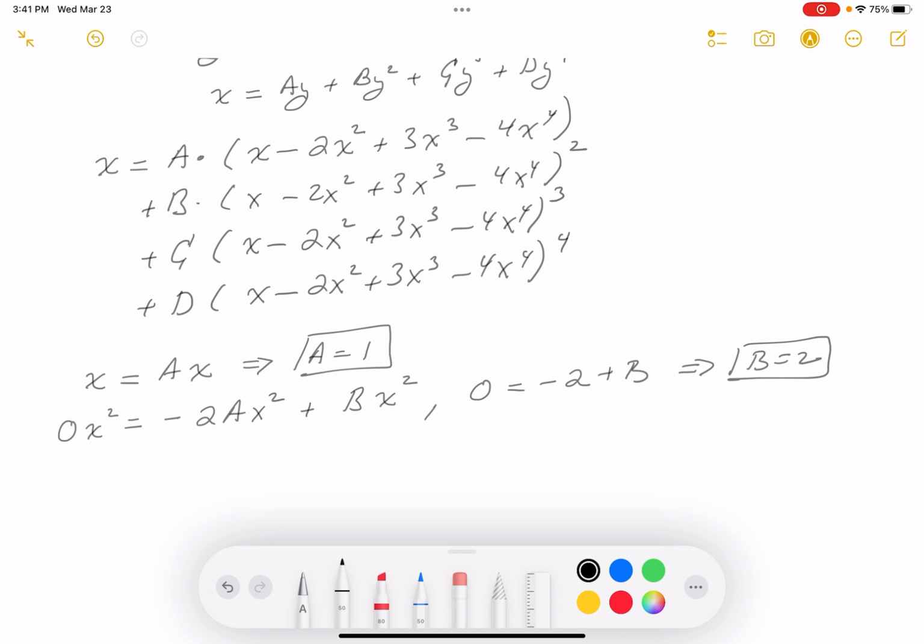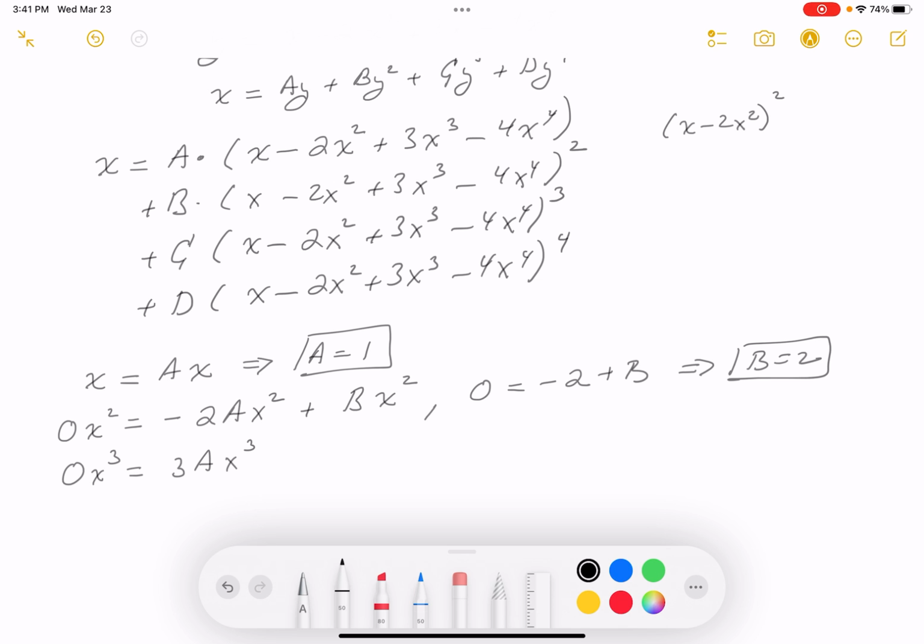Let's go to the cube terms now. More difficult, there's no doubt about it. What do I see over here? Well, I see 3ax cubed from the first row. Now I'm going to do the second row. I'm looking for cubes. I'm going to write this down as being squared. So the only possibility I would see is (x minus 2x squared) squared.